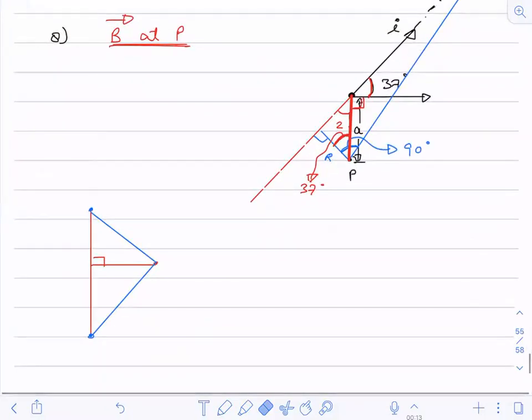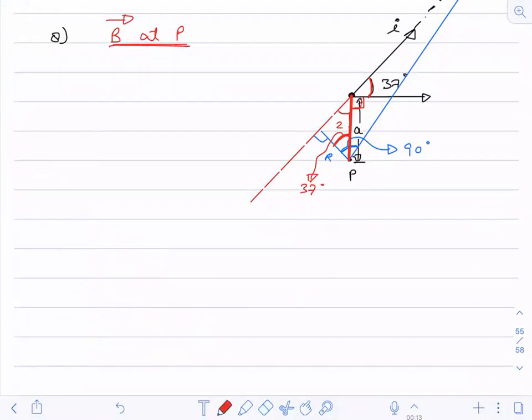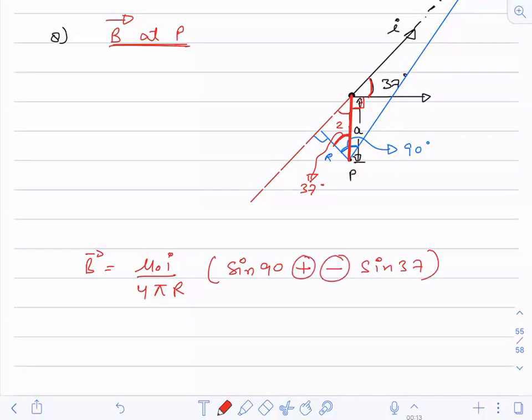Magnetic field B will be given as mu naught I by 4 pi R, within brackets, sine of 90 plus or minus sine of 37? Which one will you choose, plus or minus? Which one is correct?